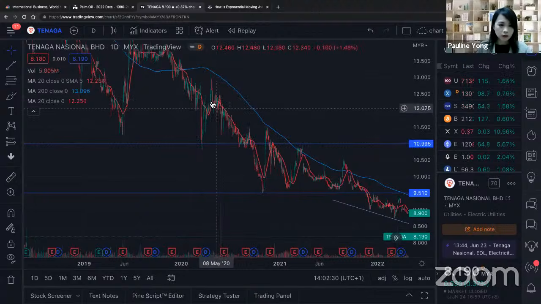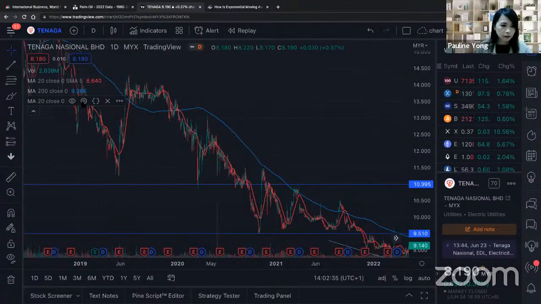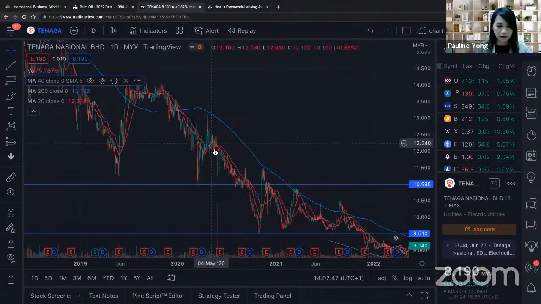Therefore, if you see something like that, you can edit your moving average here. You can change to maybe 30 or 40 and then see whether it looks better. If I change to 30 or 40, it can go outside and touch the outside.